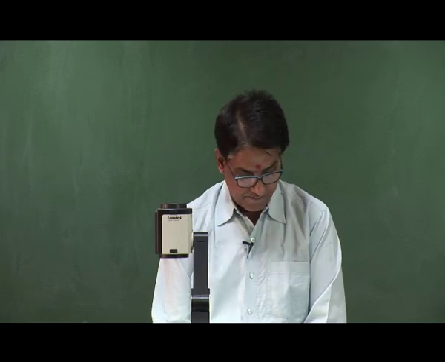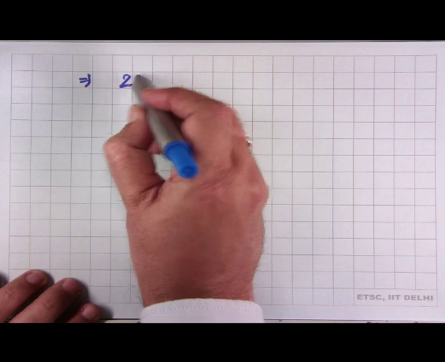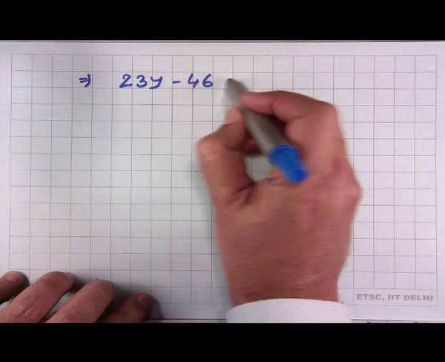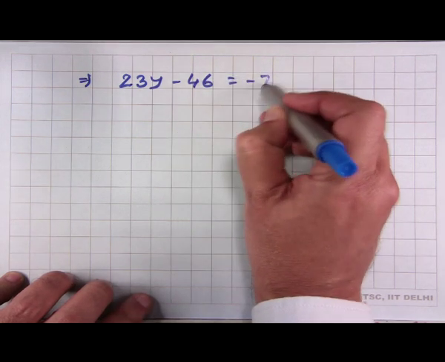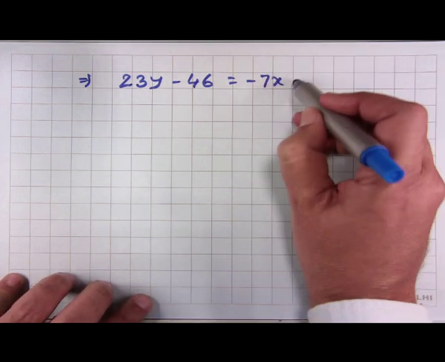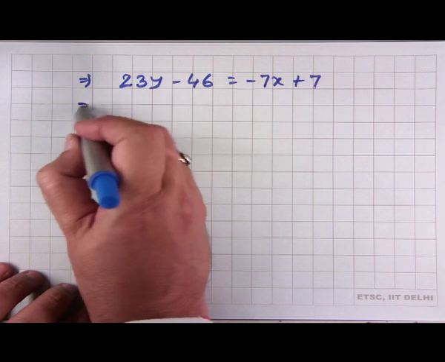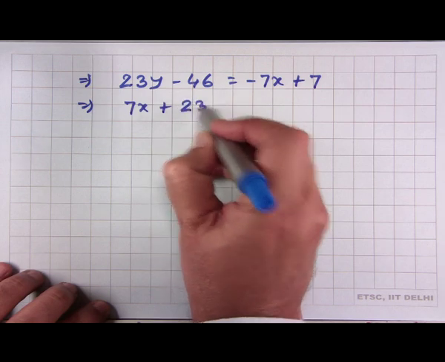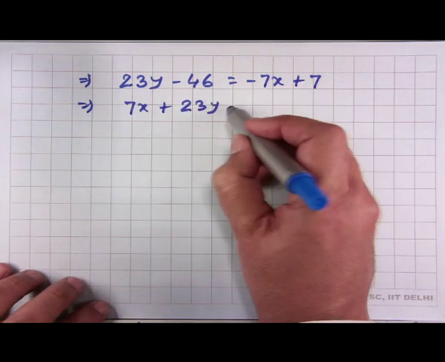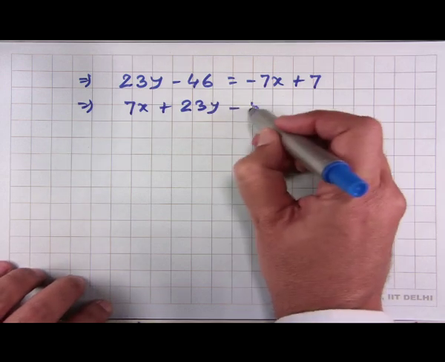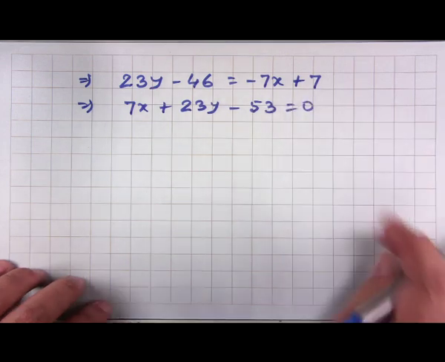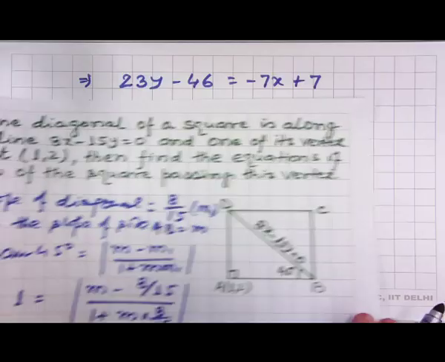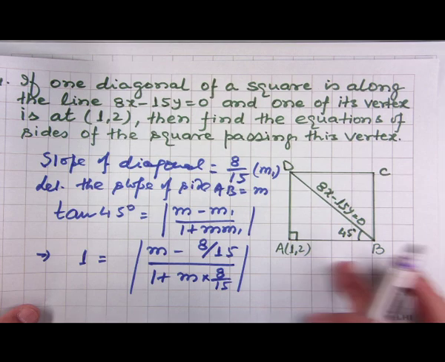This implies 23y minus 46 equal to minus 7x plus 7. This implies 7x plus 23y minus 53 equal to 0. So in this way we can find the equation of sides AB and AD.